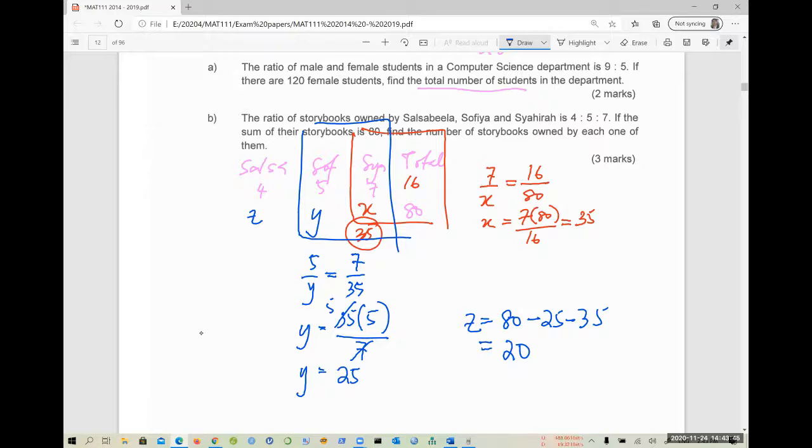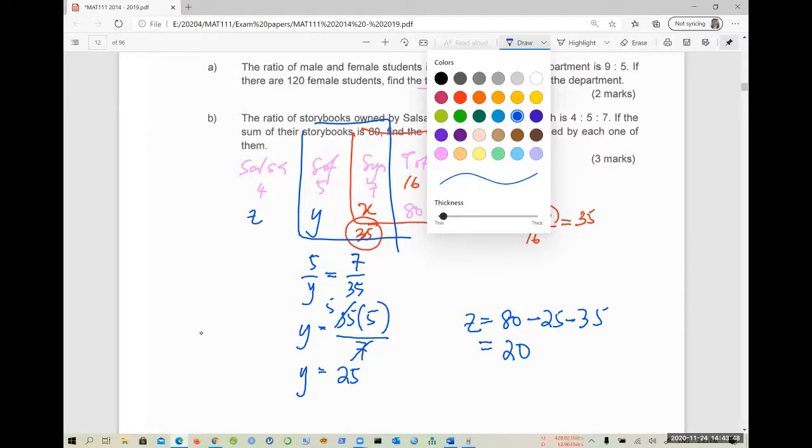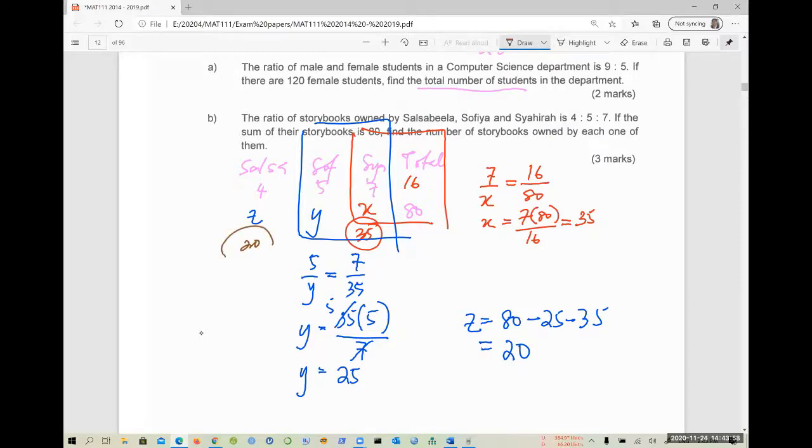All right, so that means you have the values for all three quantities: 20, 25, and lastly 35. So that is for the solution using three quantities. Any questions so far?